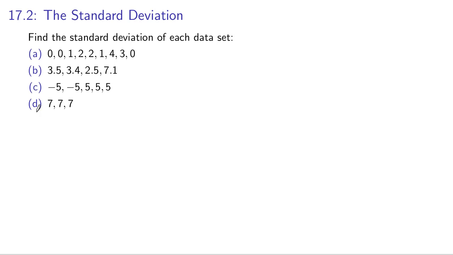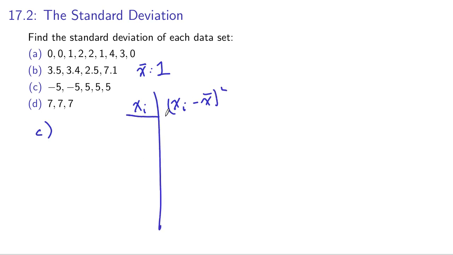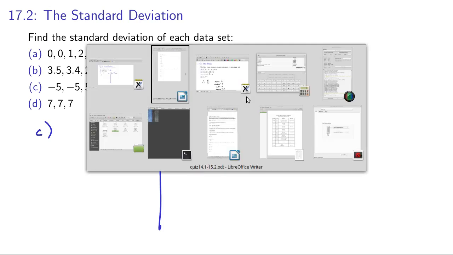Part C, the mean of C was 1. So now we have our x sub i and our x sub i minus the mean squared, our individual deviations from the mean, squared deviations.